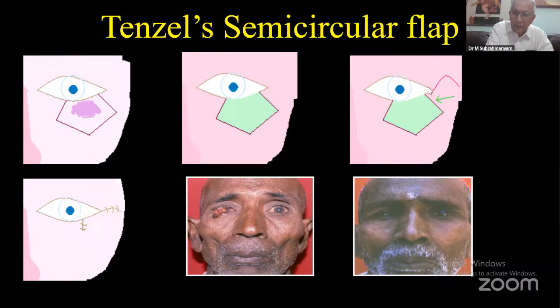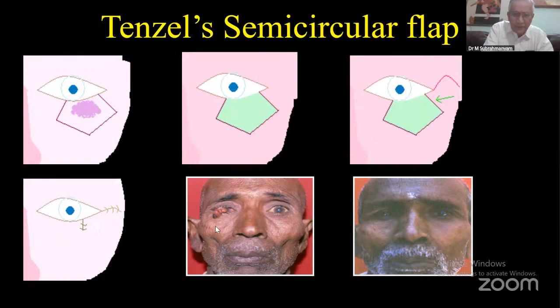For the upper lid, it goes down. Then you can mobilize the entire skin-orbicularis component, suture the tarsus, repair the margin and anterior lamella, and close this with interrupted 6-0 Vicryl.